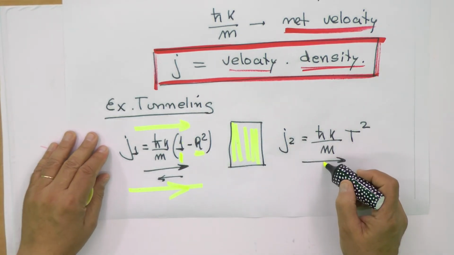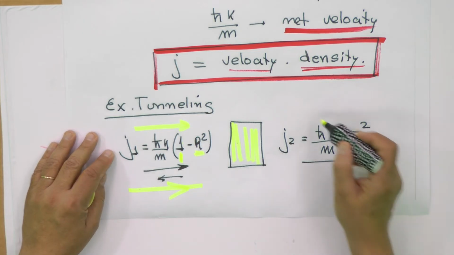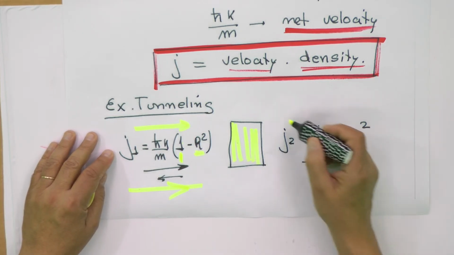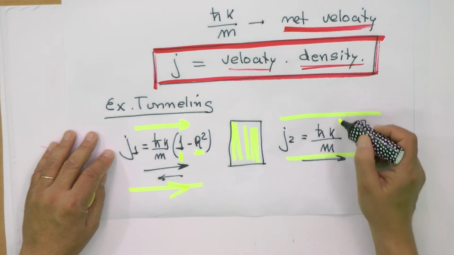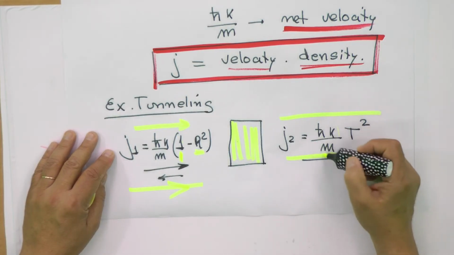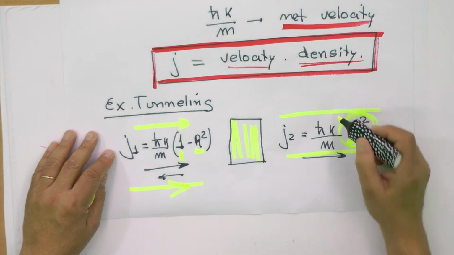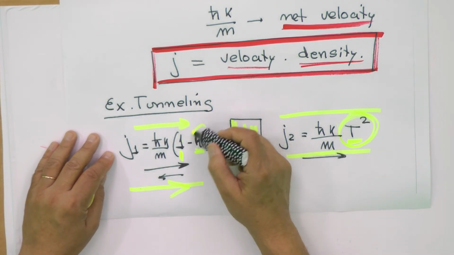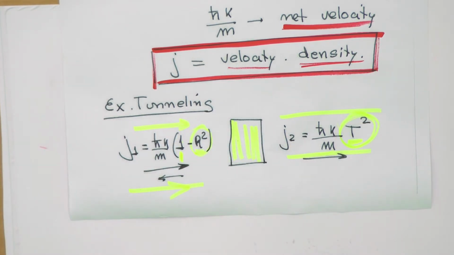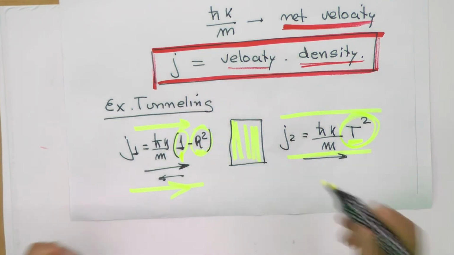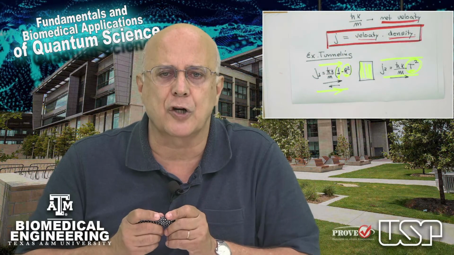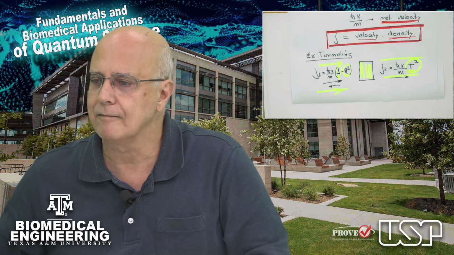And what is the flux going out there? Well, the flux going out there is basically this proportionality constant times t squared. So t squared actually is the density of probability. R squared is density of probability. And here the density of probability is 1, because it's for sure this guy is coming.